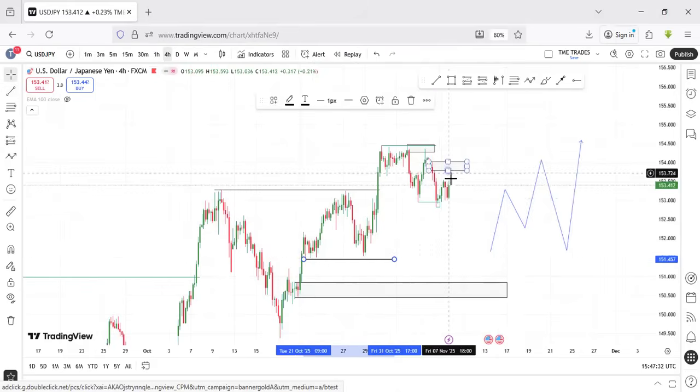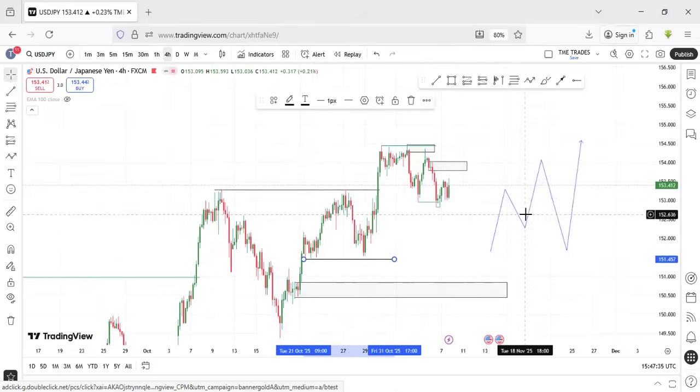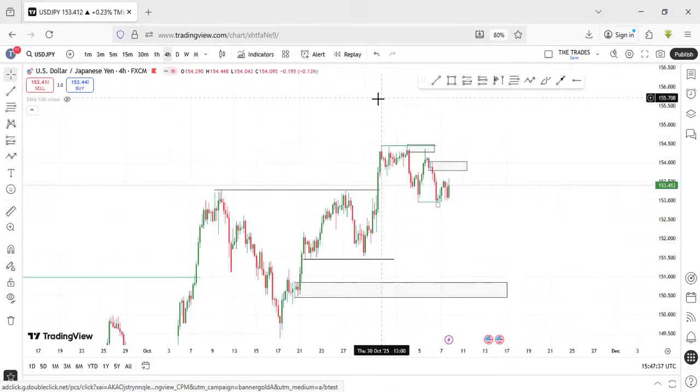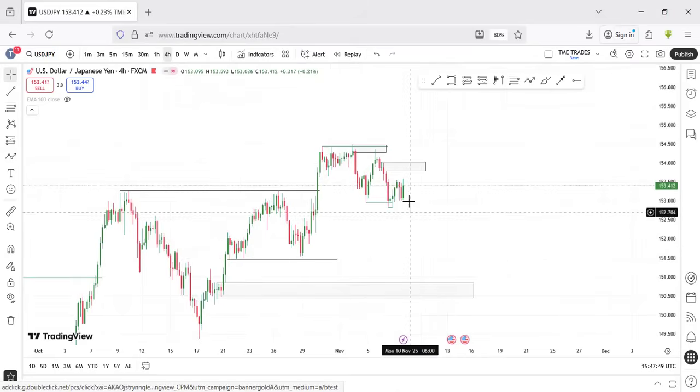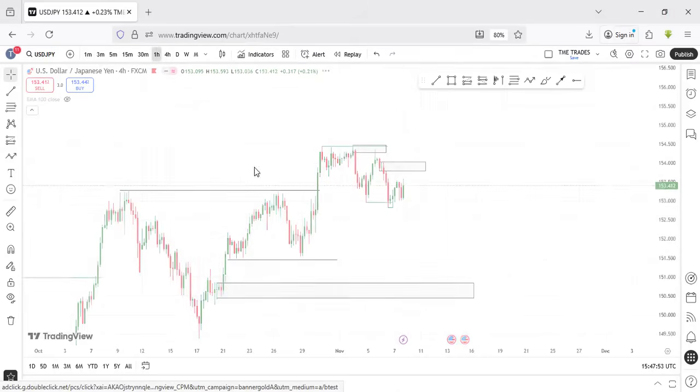So we should still expect more bearish price action, but you have to be careful because USD is weak now, and JPY is kind of a little weak against USD. So you got to be a little careful. But for now, the market is still creating lower lows and lower highs, as you can see on 1 hour.